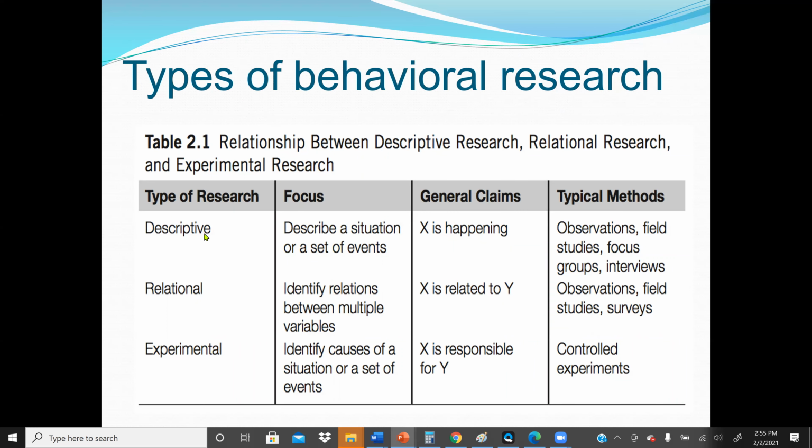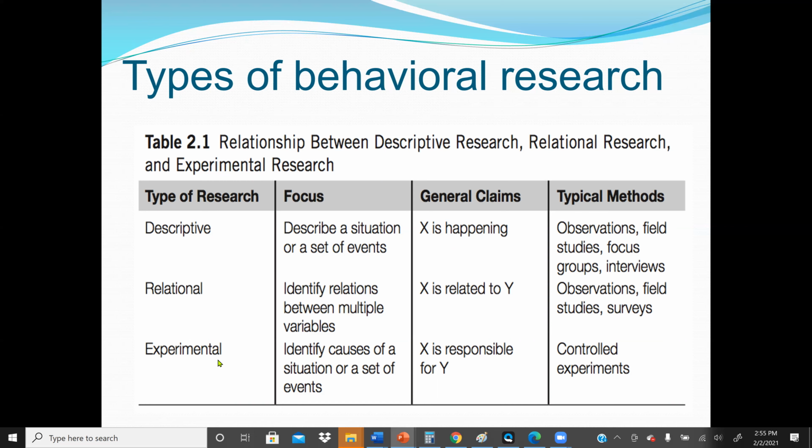In a descriptive, as we said earlier, describe a situation or a set of events. You don't want to know the reason why, or find the relationship between. The example will be X is happening. But we can see in relational, X is related to Y. We want to see if there's a relationship between X and Y. So here we identify relations between multiple variables.